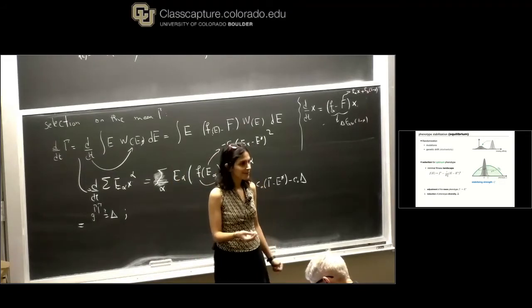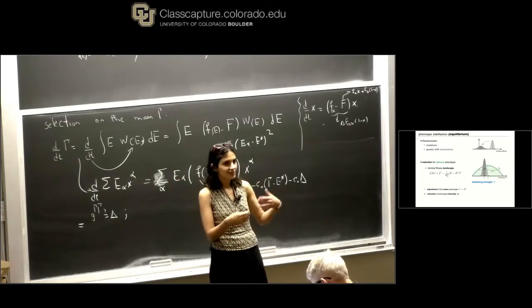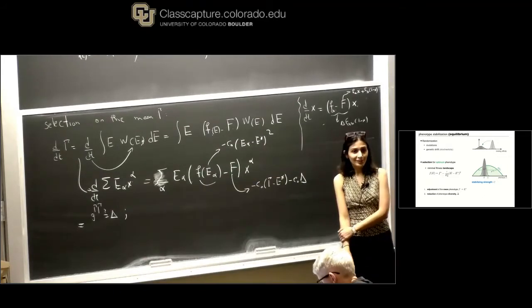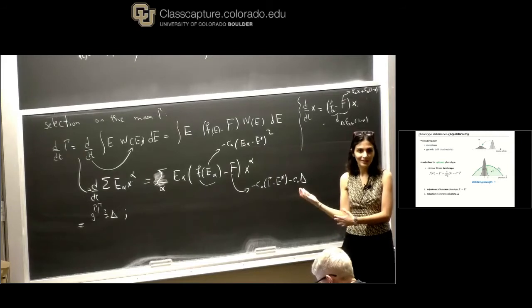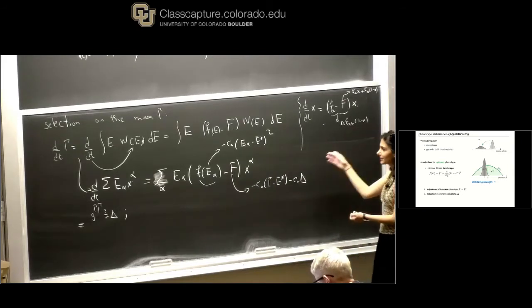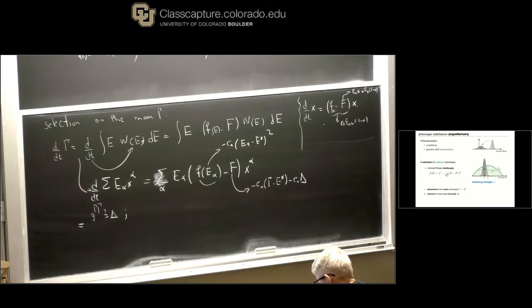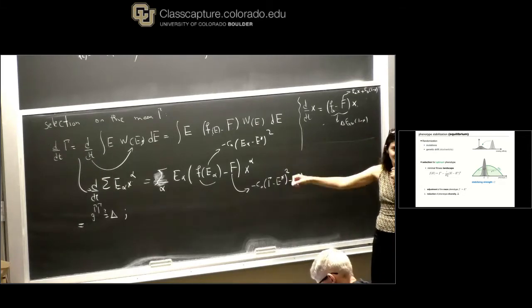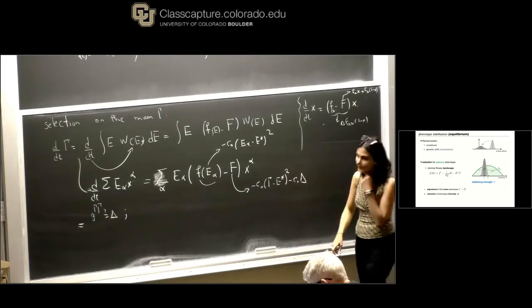And then what's the derivative? How do we do the derivative of fitness potential? So what's the fitness potential? It's a mean fitness, right? So the derivative of fitness potential with respect to gamma is minus 2C0 gamma minus E star.